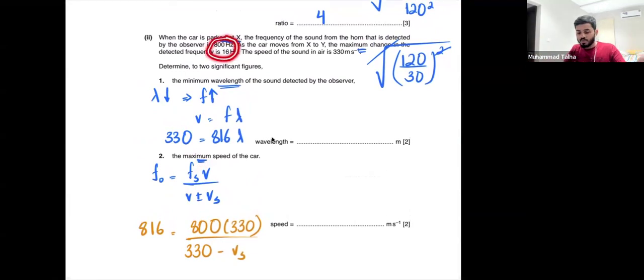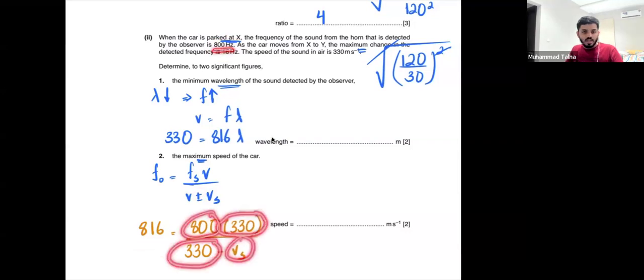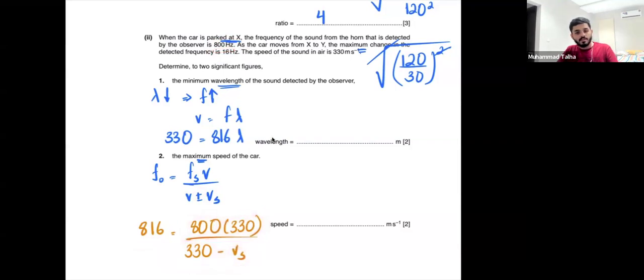So it would be 800 plus 16. That's the observed frequency. If I am taking the case where the source is approaching the observer, I take the minus sign in this equation. After this, I just have to plug in values. This is the actual frequency, 800. The speed of sound is 330, and then it's going to be 330 minus v_s. And then you just do some algebra and make v_s the subject of this equation.